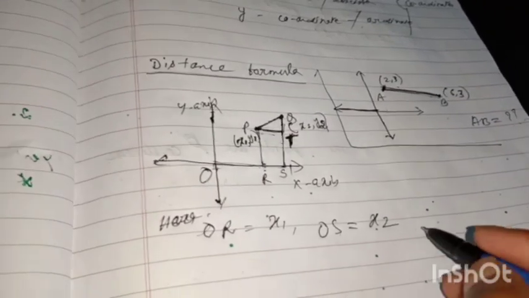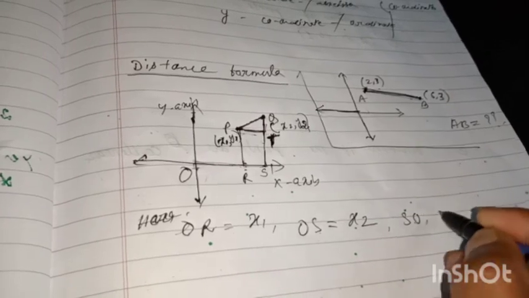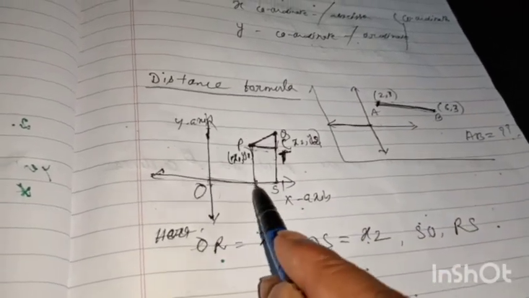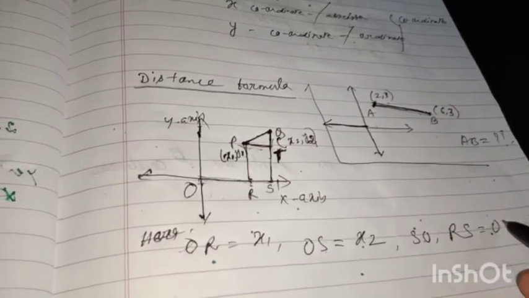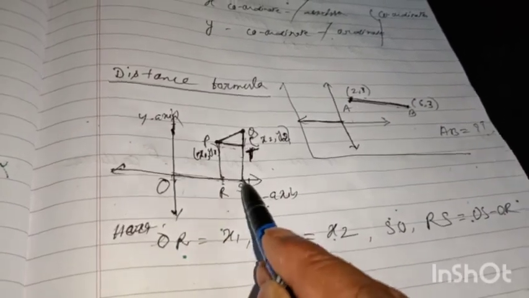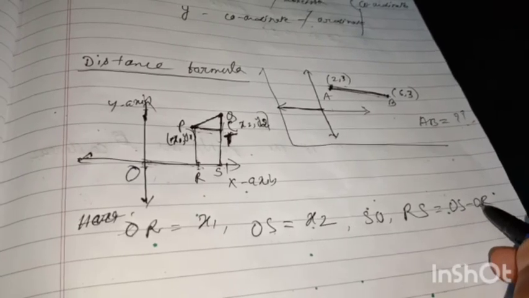Next, we got OR and OS. So RS, see, you have OR and also OS, then you can find out RS is equal to what? OS minus OR, yes or no? OS minus OR, what is left? RS. So OS minus OR is RS.